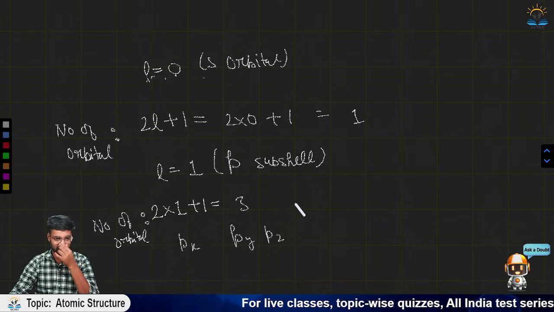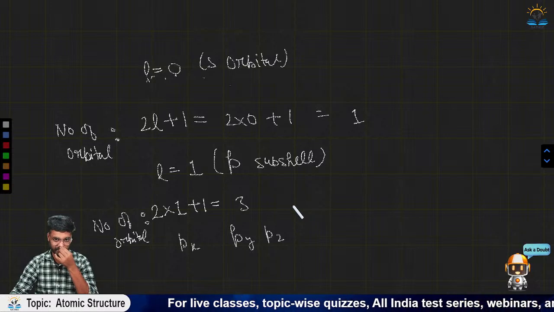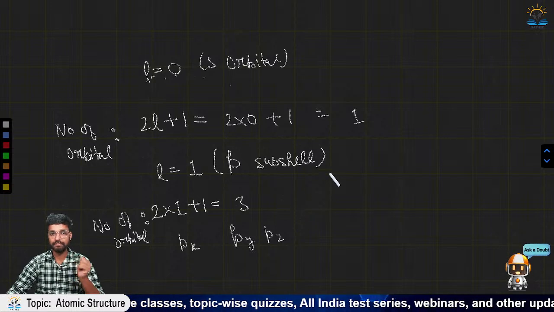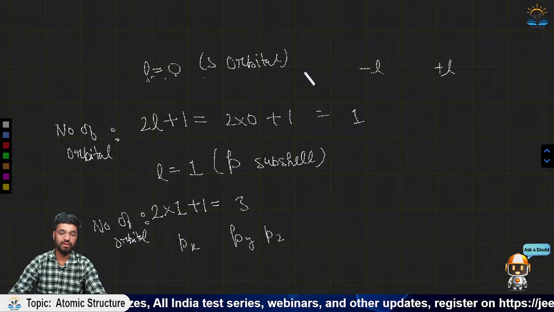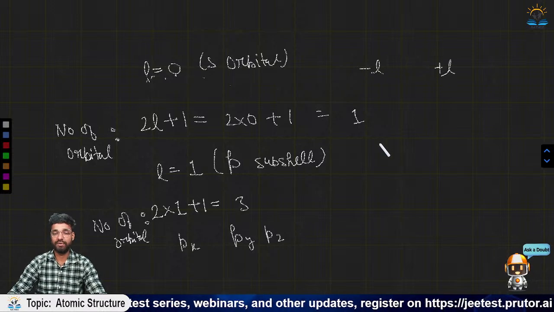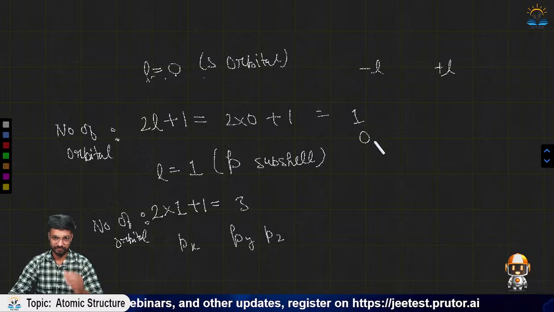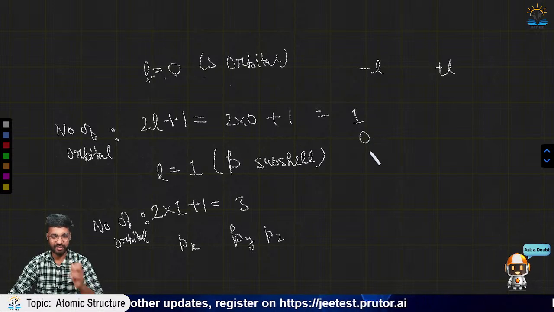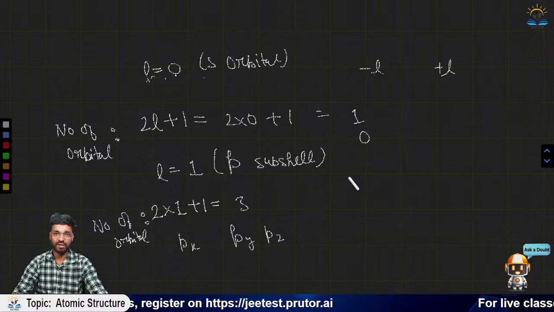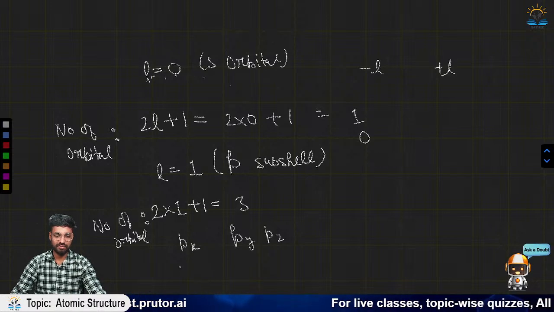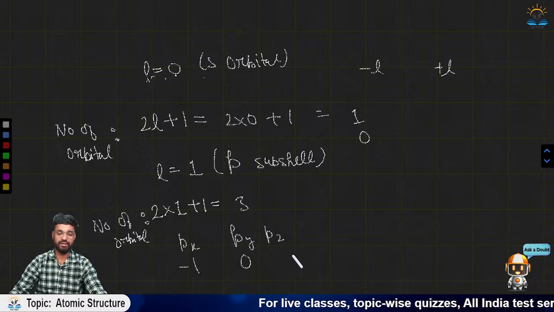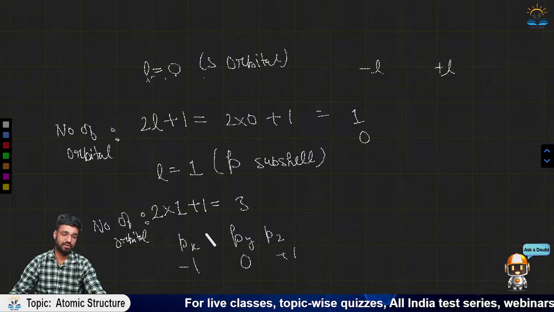Now if you want to know the values of all these 3, then we have the formula, which is minus L to plus L. For 0 there is no minus, no plus, so it will have a value of 0. Then for Px, Py, Pz, it will have minus 1, 0, then plus 1.